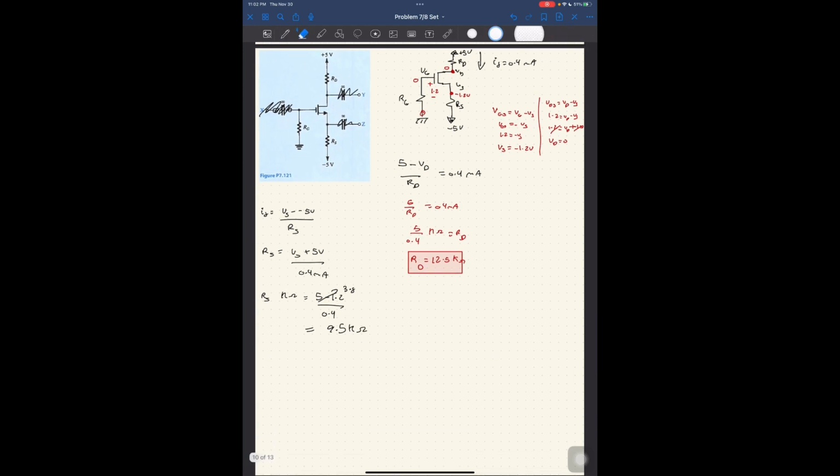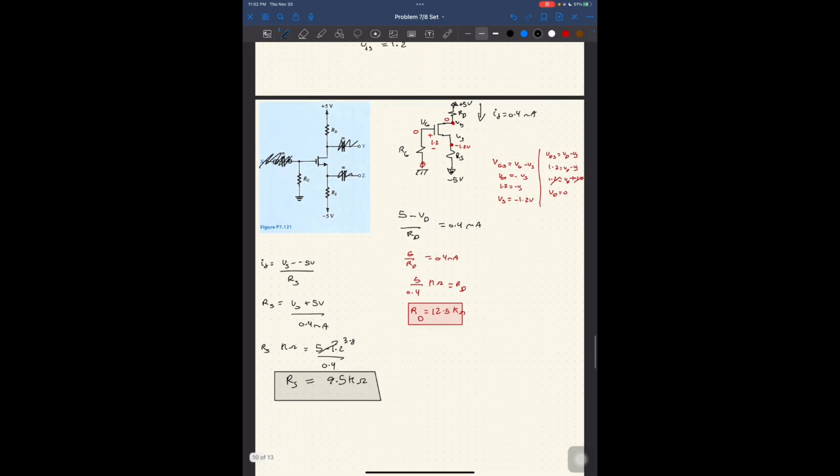So RS is equal to 9.5 kiloohms, and we are done with RS, and we are done with RD.